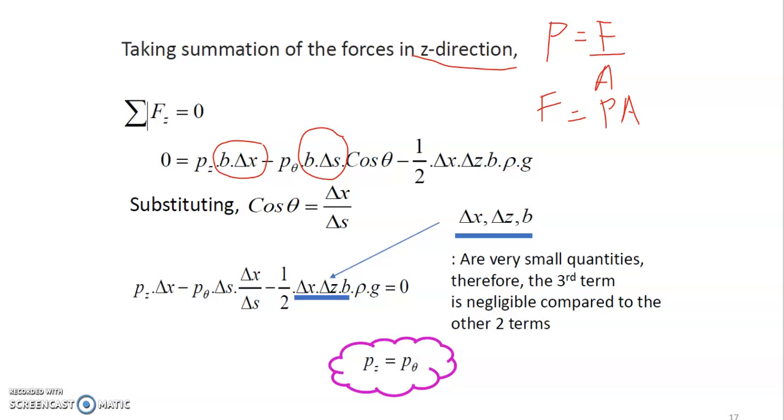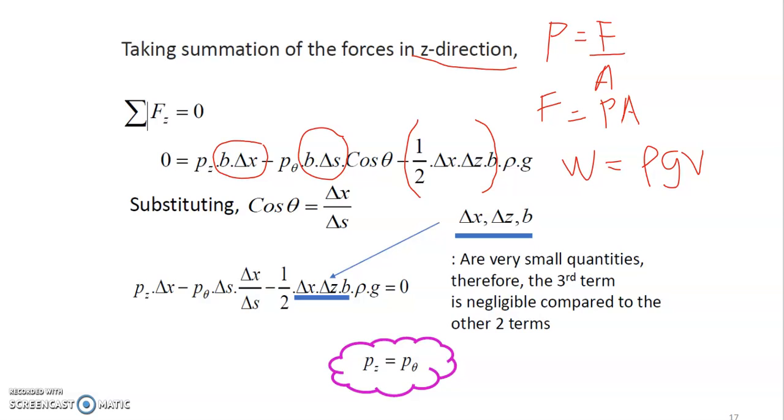We need to minus the weight. How do we calculate the weight? Weight is rho g V. So this is the volume of that prism, a triangle: half times delta x times delta z times b. And then we substitute cos theta as delta x over delta s.